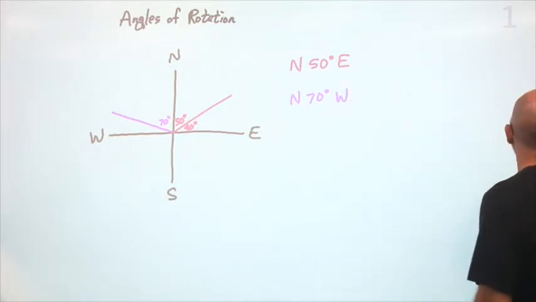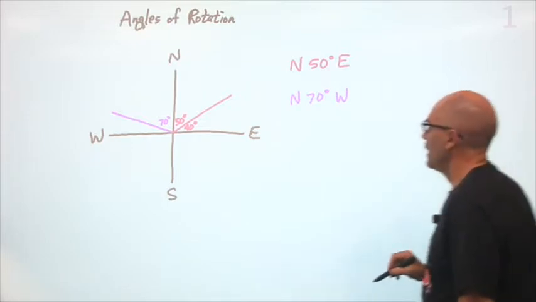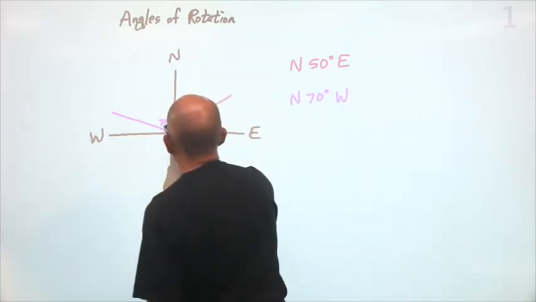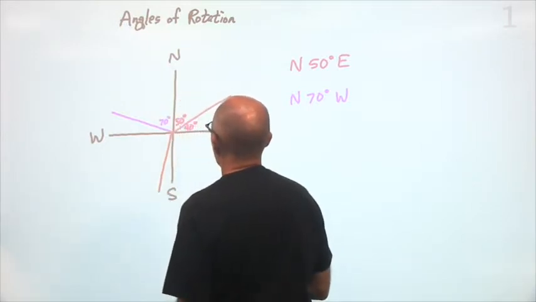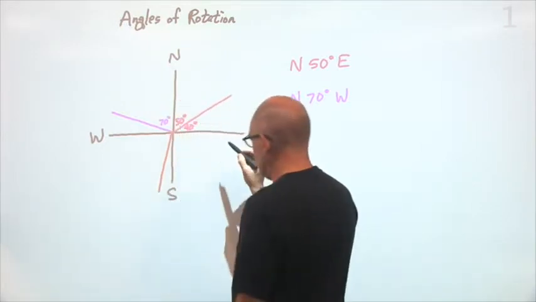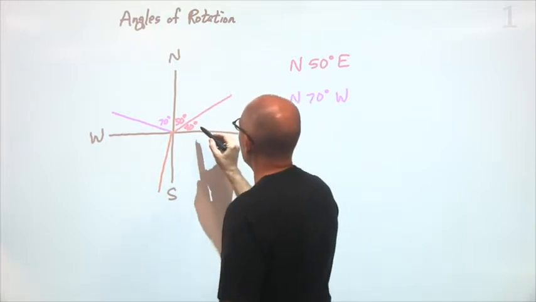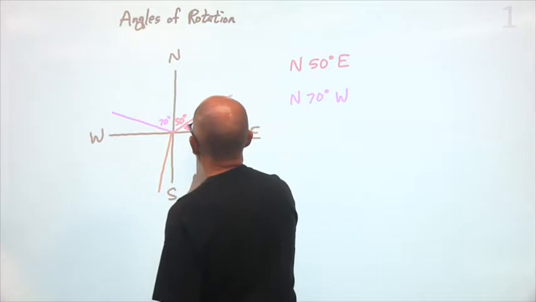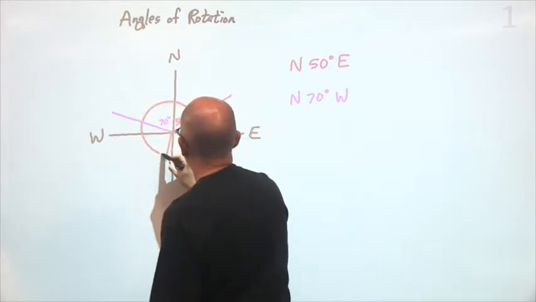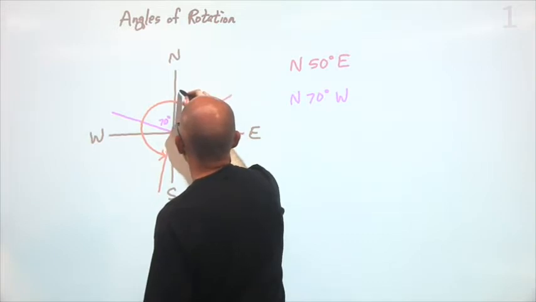All right, now, let's say I have another angle that's down here like this. Now, let's say the measure of the angle all the way around is going to be 260 degrees.